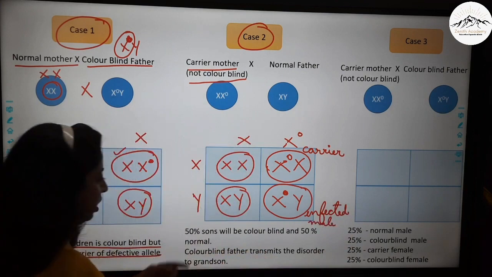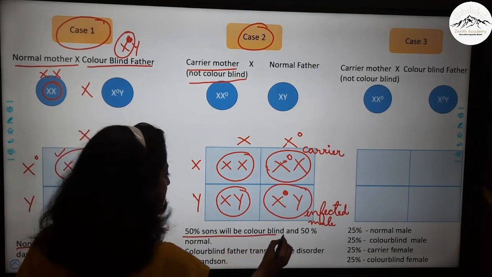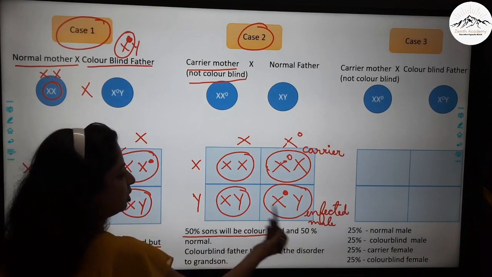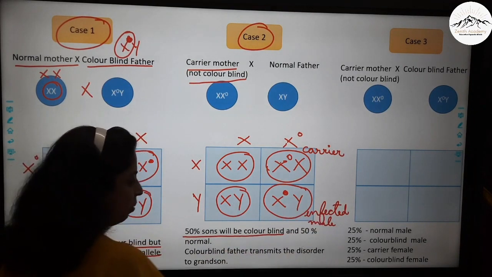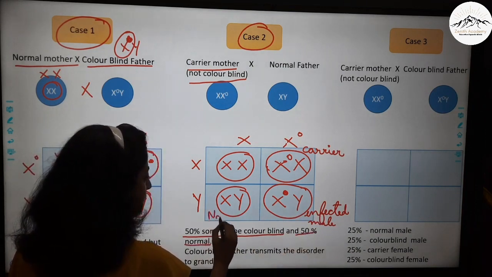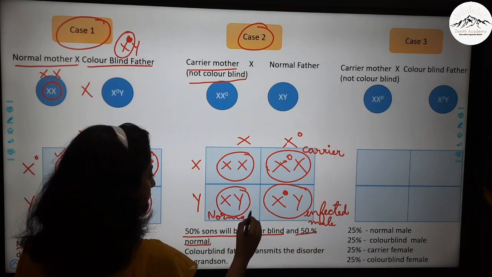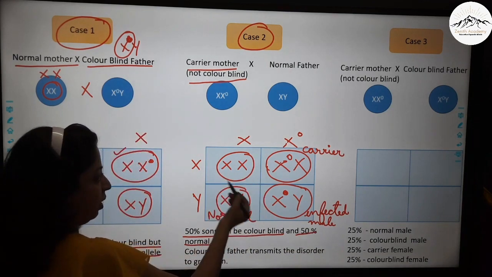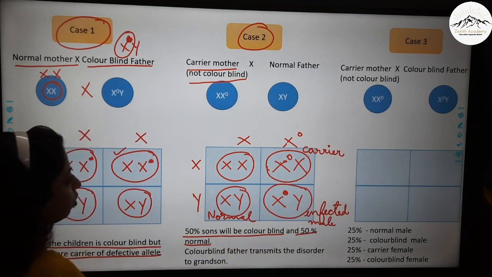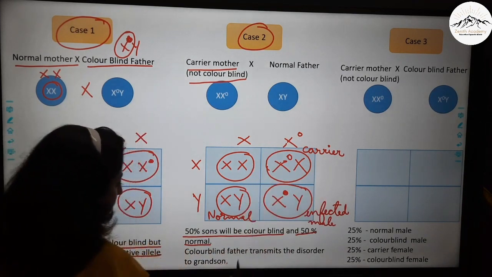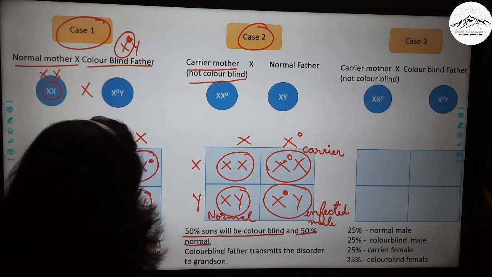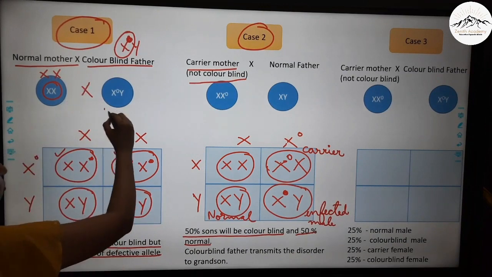So here you can see that 50% of sons will be colorblind. There are 2 types of sons, so out of them 50% will be colorblind and 50% are normal. Now 50% of the females are normal, whereas 50% are carriers. So here you can see that a colorblind father transmits the disorder to the grandson. So here was the colorblind father.